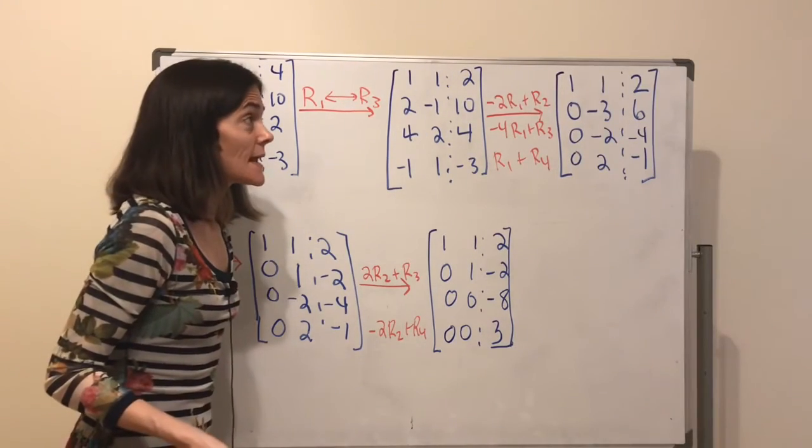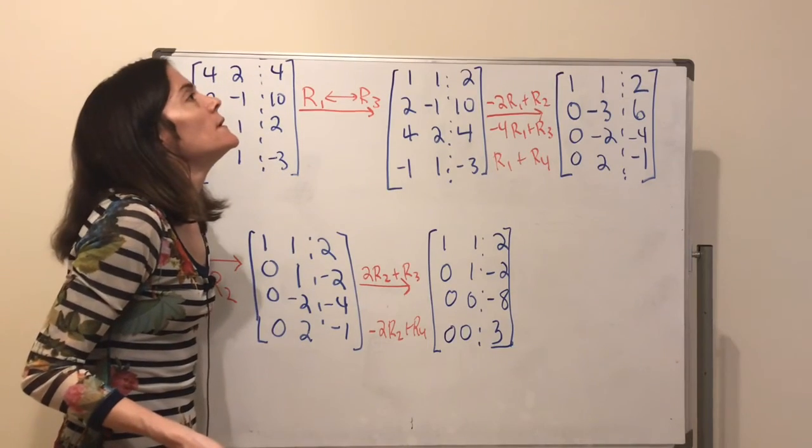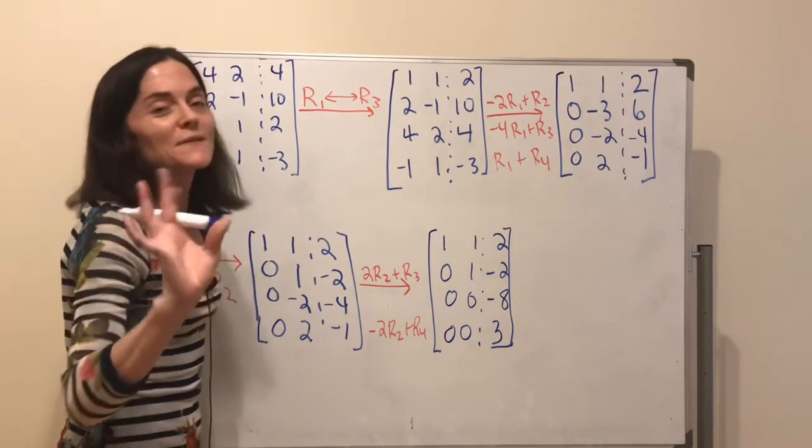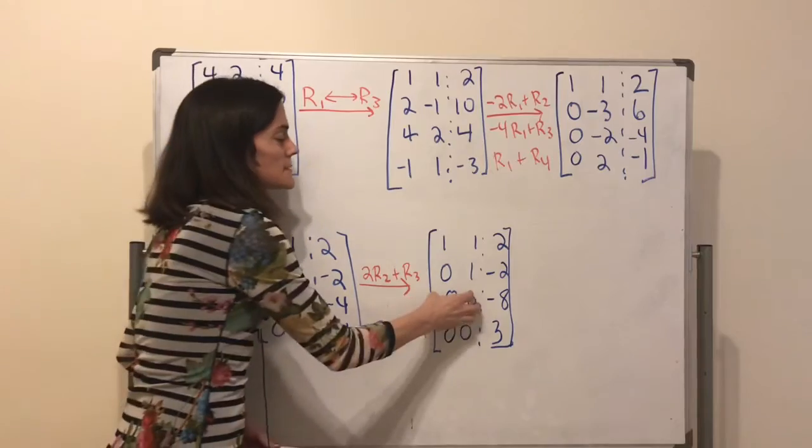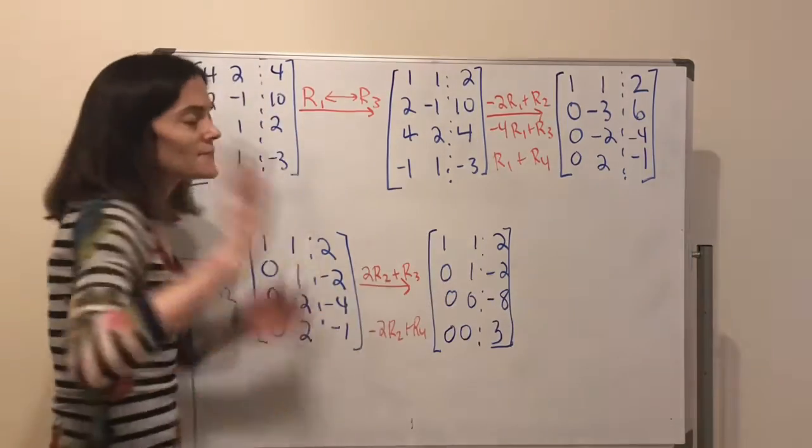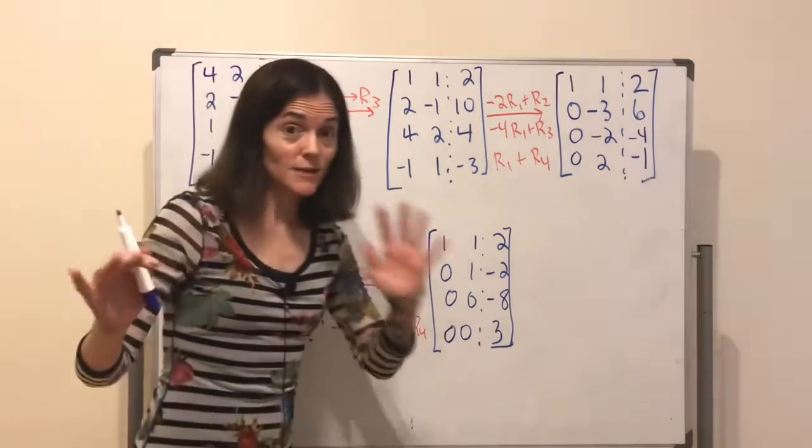What do we see here? Already we see a problem because this says 0 is negative 8, or if I divided by negative 8, I would get that 0 is 1.